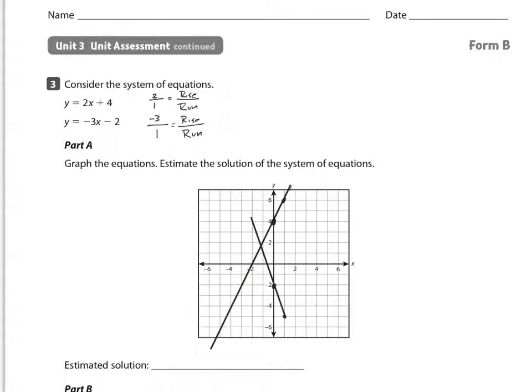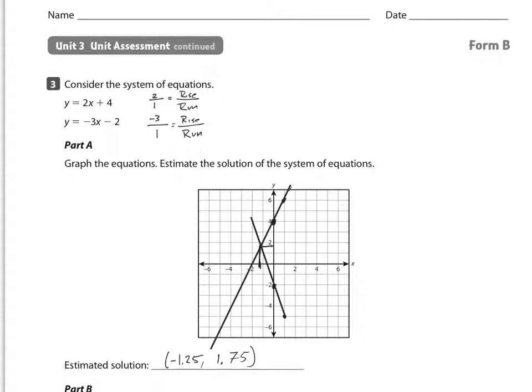So your x coordinate is going to be somewhere here. So that's going to be -1.25. And then your y coordinate is going to be somewhere about 1.75.